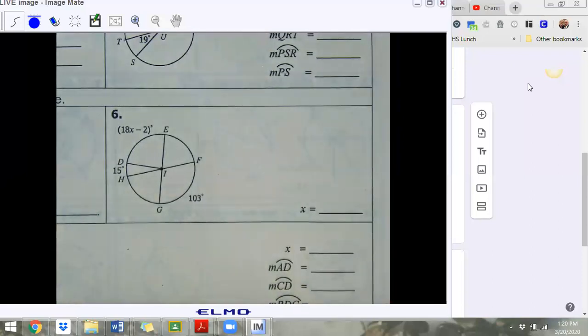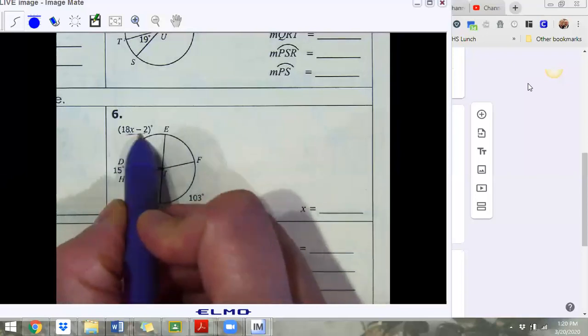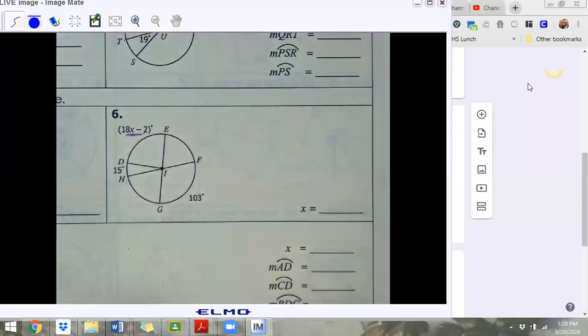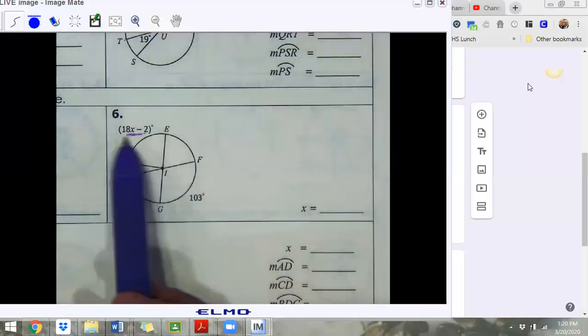So what are some things that you should notice in this diagram? There's a binomial. Yep. We're going to have algebra in here. What else? What's one of the first things you should be looking for? Right angle. Okay, don't have any right angles.